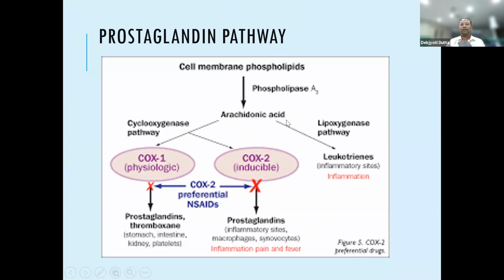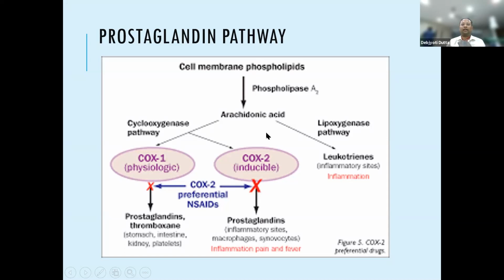Other thing, if arachidonic acid is not converted by COX, I mean cyclooxygenase, then lipoxygenase converts it to leukotrienes. There are also some TNF alpha inhibitors that work in this pathway for rheumatoid arthritis and all, that I'm not going into. So this much you remember: from cell membrane phospholipids, arachidonic acid, then prostaglandin.